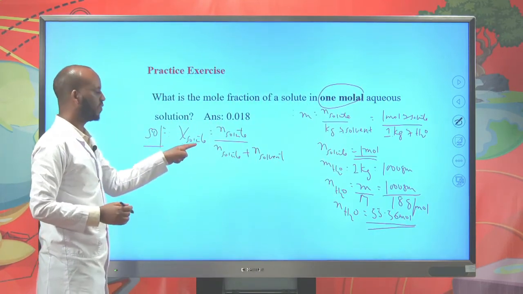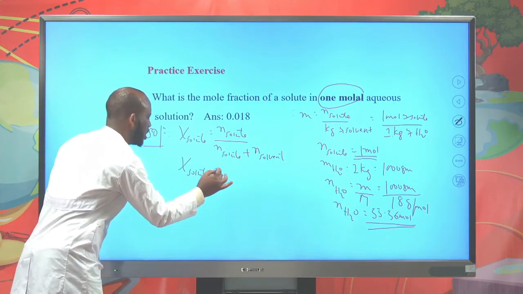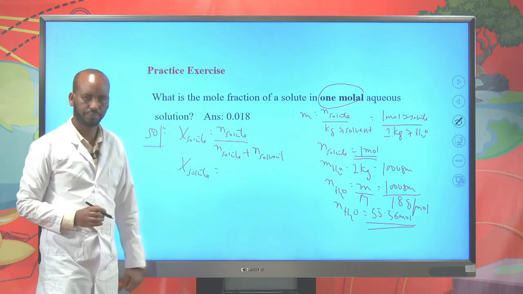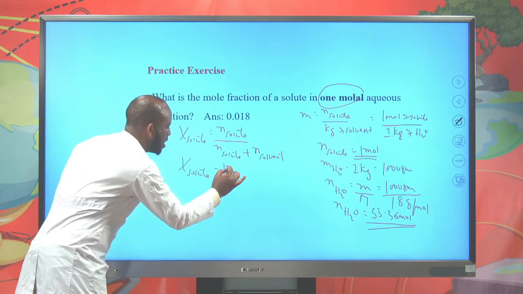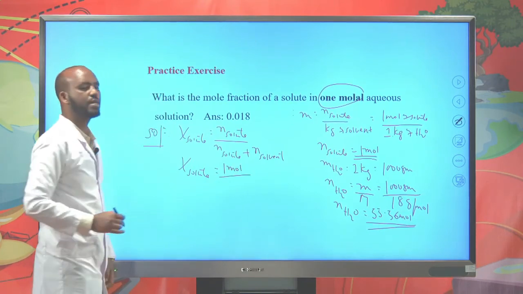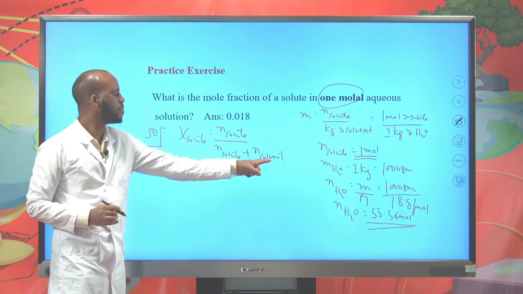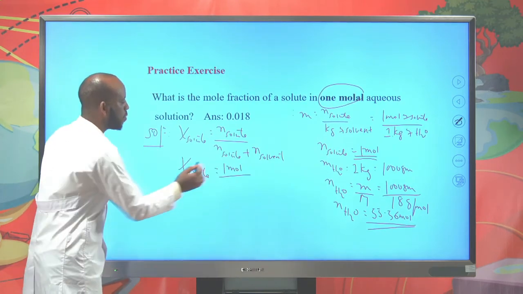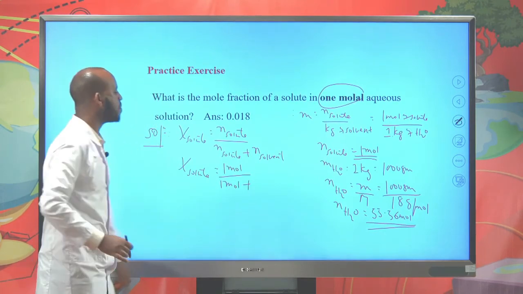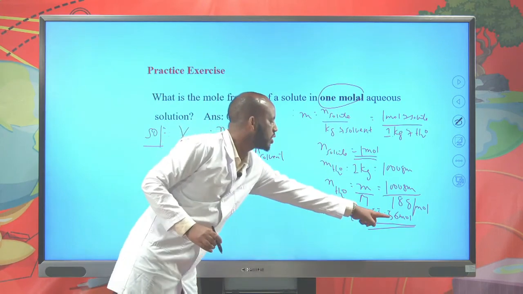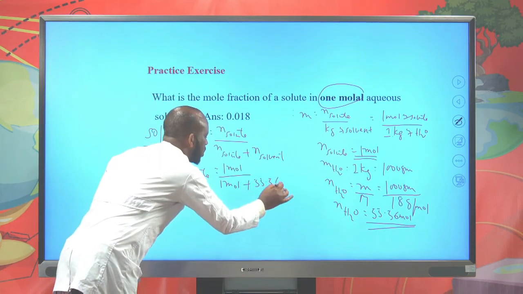Now, mole fraction of the solute equals number of moles of solute, which is 1 mole, divided by number of moles of solution, which is the sum of number of moles of solute and number of moles of solvent. Number of moles of solute is 1 mole, plus number of moles of solvent is 55.56 moles.